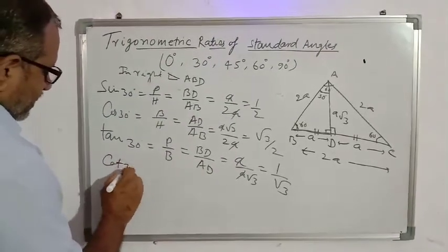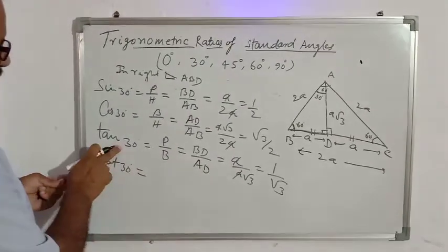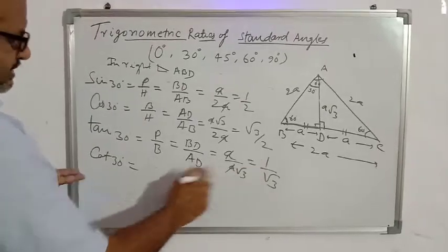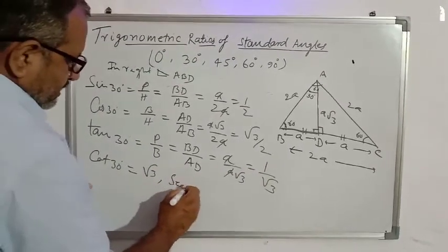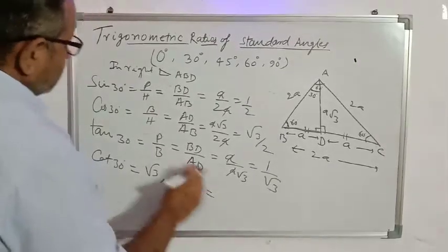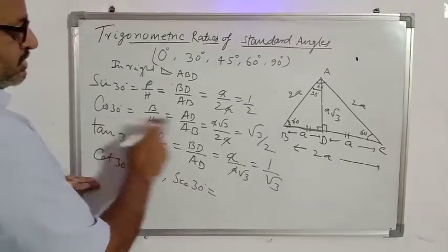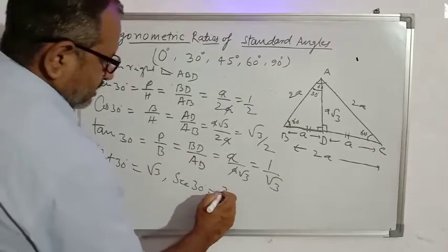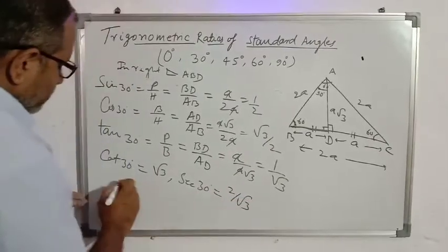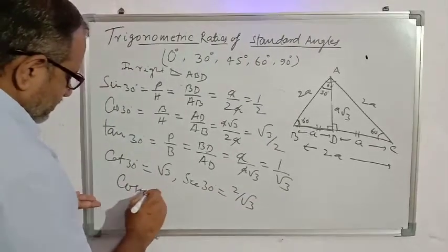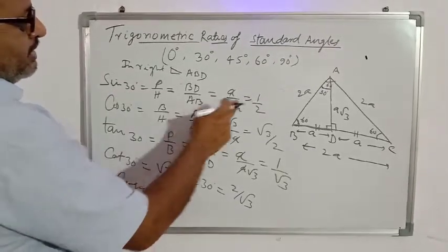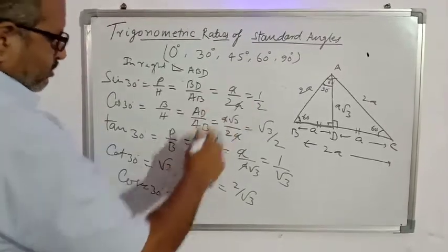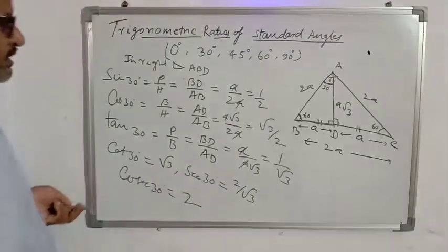What will be cot 30? Cot is the reciprocal of tan, so we take the reciprocal: root 3 by 1. Sec 30: sec is the reciprocal of cos, so it will be 2 by root 3. Cosec 30: cosec is the reciprocal of sine. 1 by 2 reciprocal is 2 by 1, so cosec 30 value is 2.